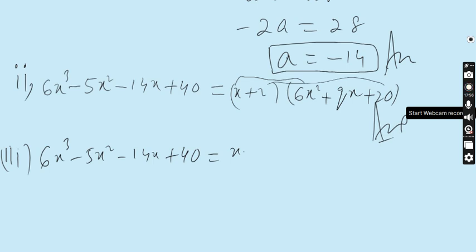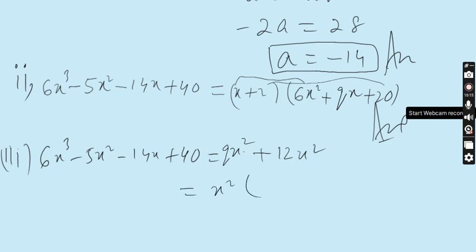So x into 6x square is 6x cube, x into qx is qx square, and 2 sixes are 12x square. So we need to find the value of q.